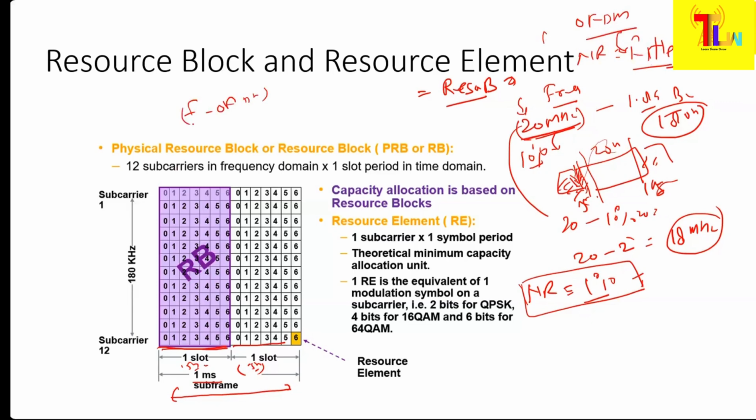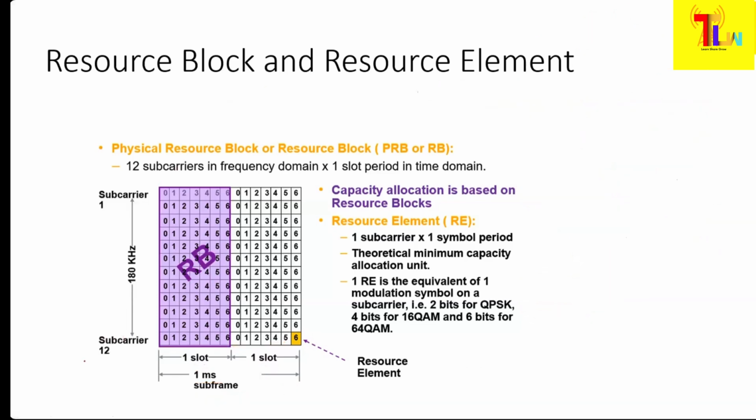So your efficiency gets increased, and you will have more resources for scheduling. As of now, let's consider 20 megahertz is there, but the effective bandwidth will be 18 megahertz, because 2 megahertz as guard band we are not using. So 18 megahertz.